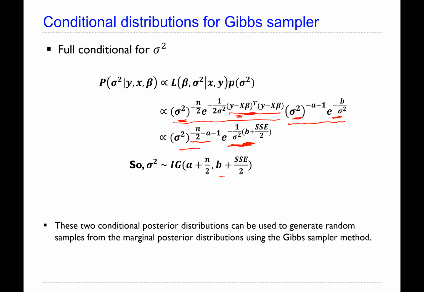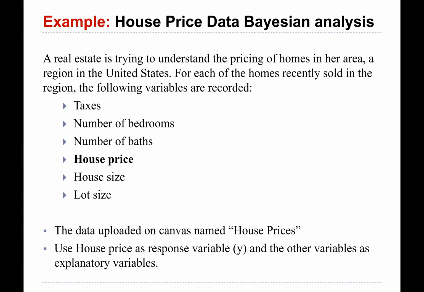It's up to you. So now we find the conditional posterior distribution of sigma square as inverse gamma with alpha star a plus n divided by 2 and beta star b plus SSE divided by 2. I can use these two conditional posterior distributions to generate a random sample from the marginal posterior distributions using the Gibbs sampler method that we have covered before.